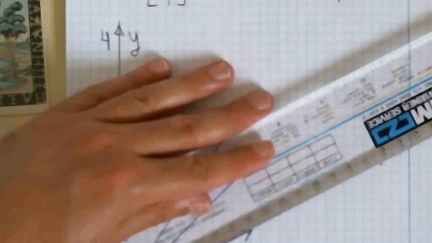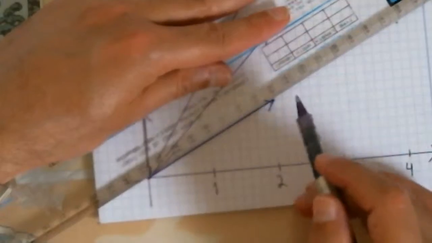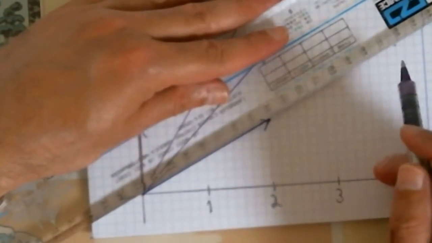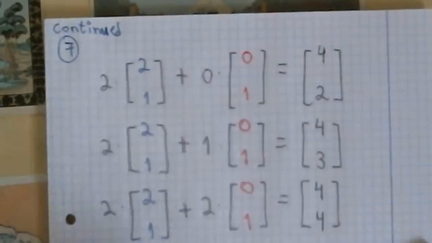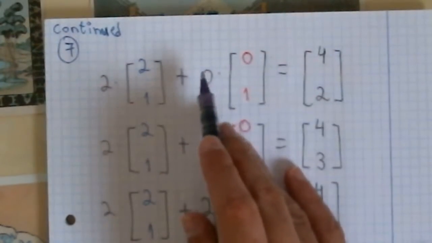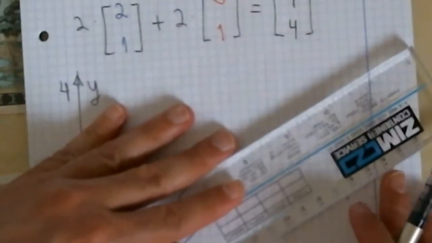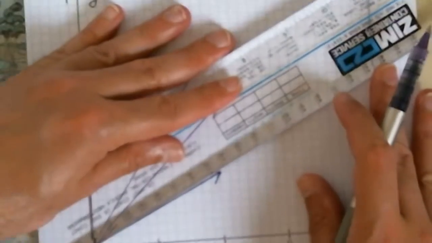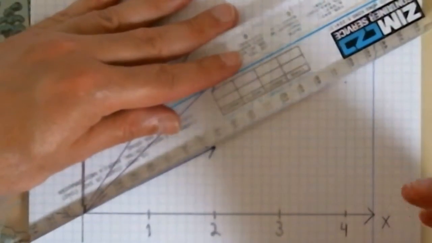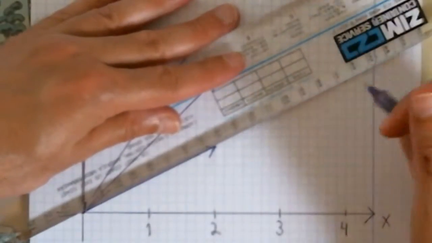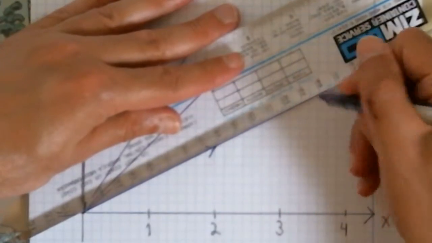As you see, this continues the blue vector, just making it another time. So it's the case of 2 times the blue vector and nothing of the red vector. Okay, so we are just continuing the blue vector.